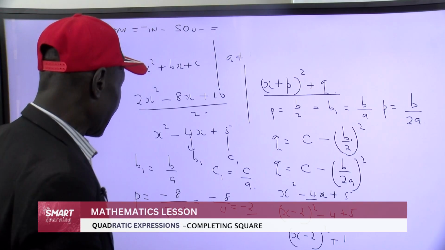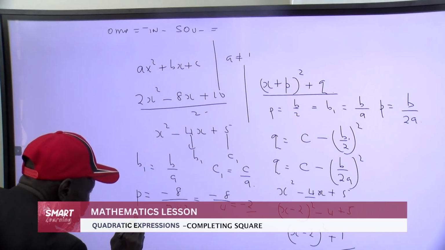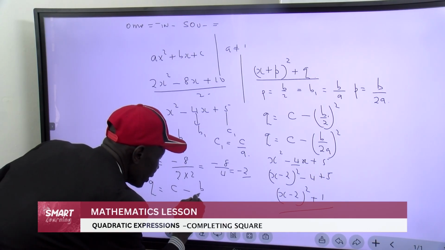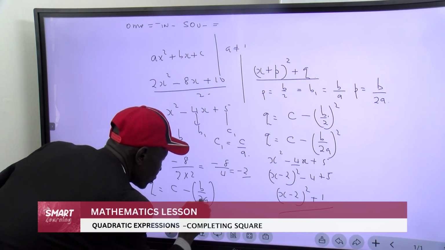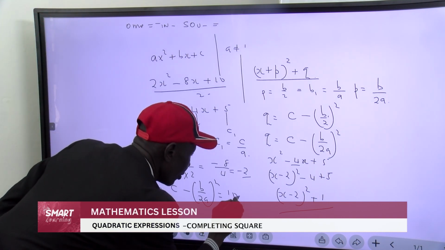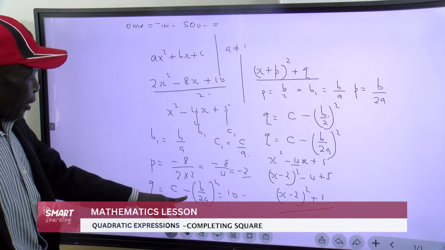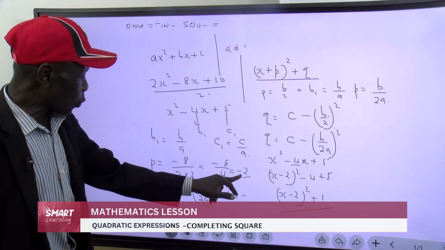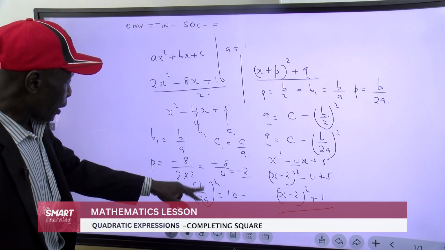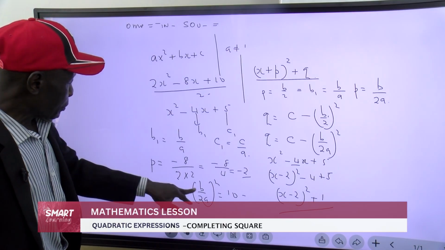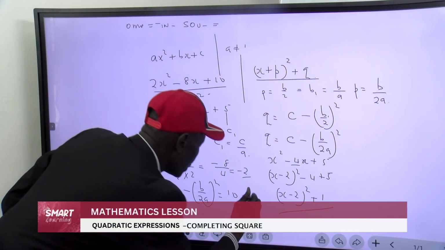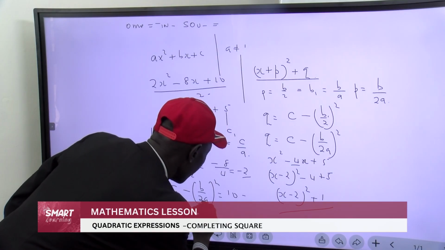Then let's get our Q. We say Q is C minus B over 2A squared. Our C is 10 minus, remember our B over 2A we got was negative 2. So let's use the numbers. What is our B over 2?